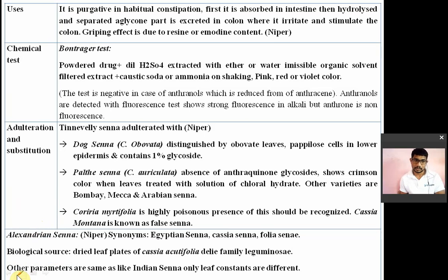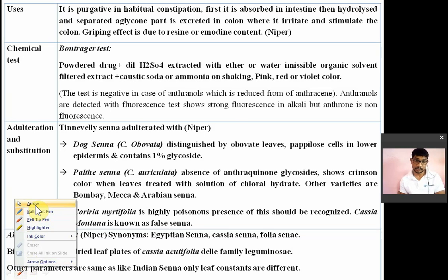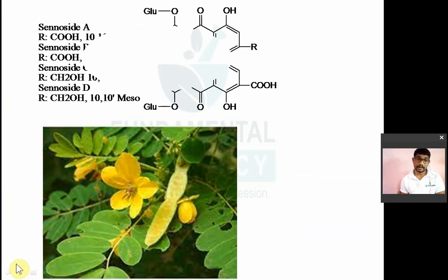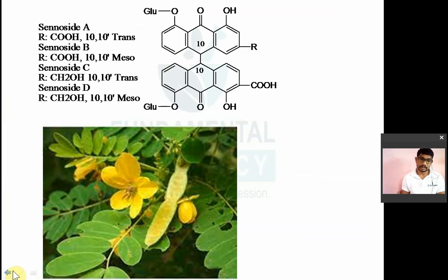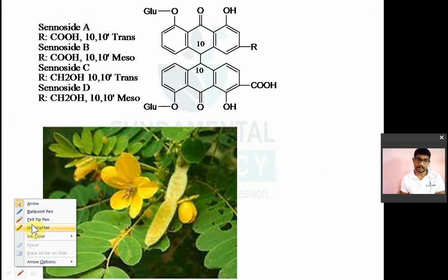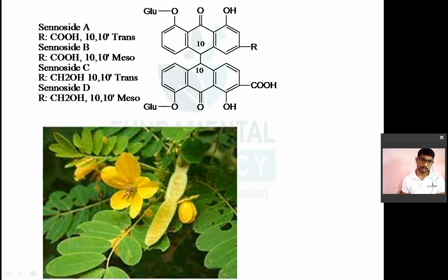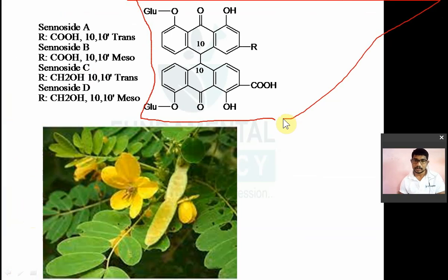See the structure of sennoside A and B. You can see the structure of sennoside A and B. We'll explain this. This is the structure of the sennosides. It is nothing but a dianthrone.